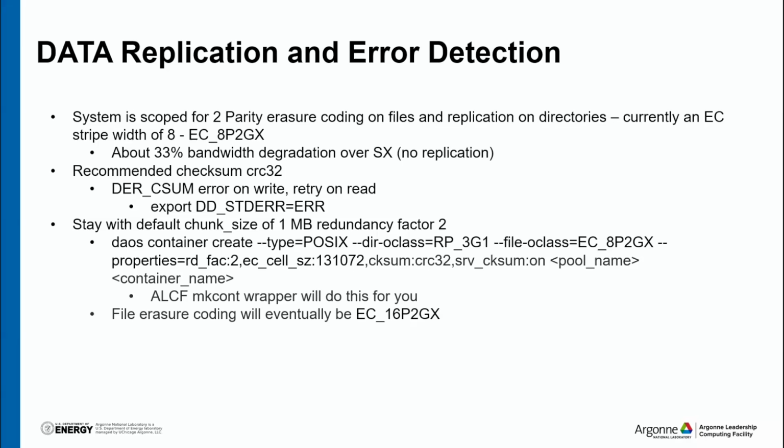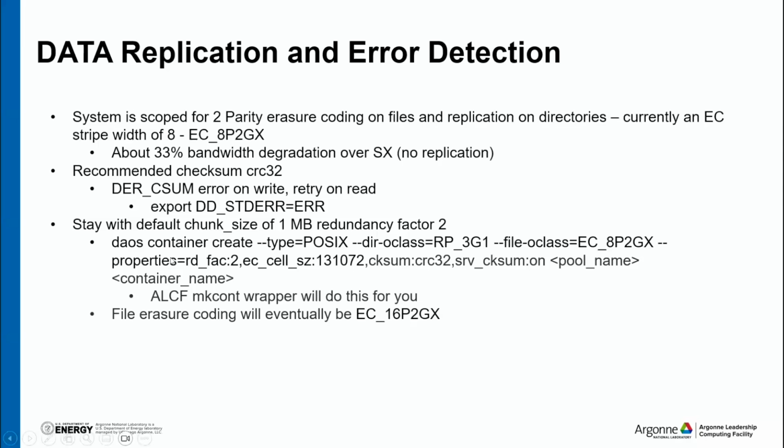The way checksum currently works in the current version of DAOS is that if there's a corruption on the write, you'll get an error and it'll stop. If there's corruption on the read, it will retry until success. There's an environment variable you can set to get those error messages in your job output log.